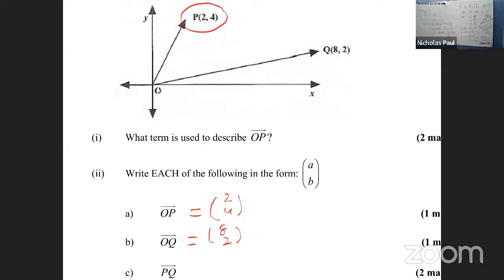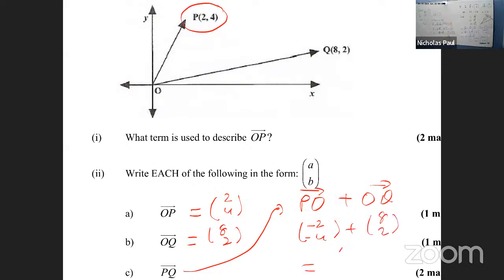And last thing, PQ. PQ is PO plus OQ. PO is what? (-2, -4). And OQ is what? So we'll end up with (6, -4).